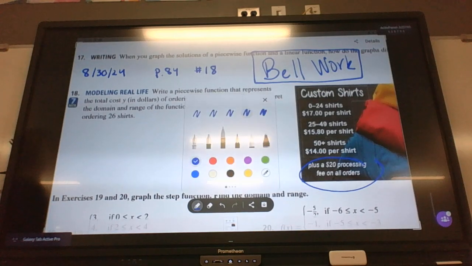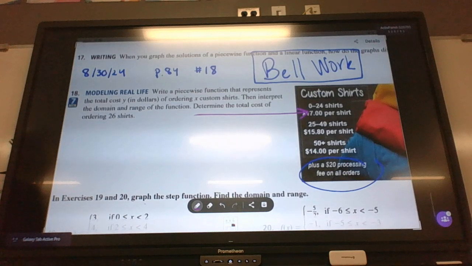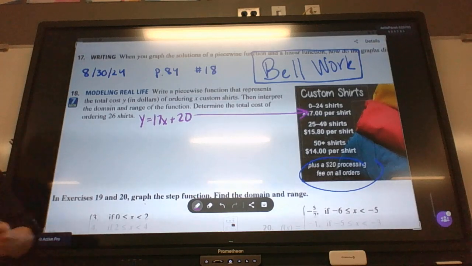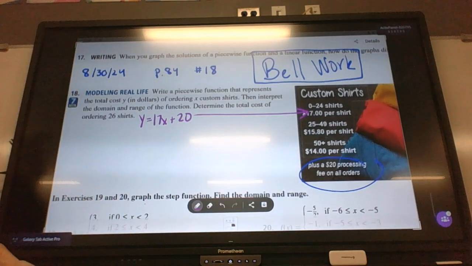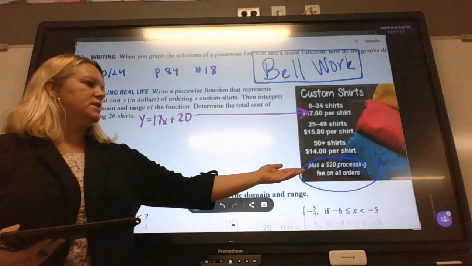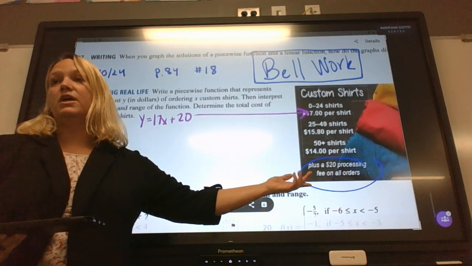So in order to write a piecewise function, I'm going to just break down each part of this. This part, $17 per shirt, to write the equation is 17x plus 20. And the 20 is the processing fee. That's the one a lot of people would miss. And I almost feel bad about it because it's just kind of hidden on this. But that's kind of real life on websites.